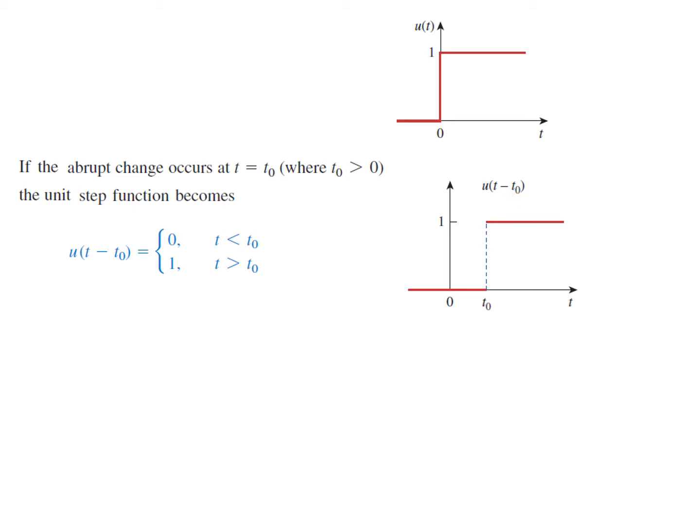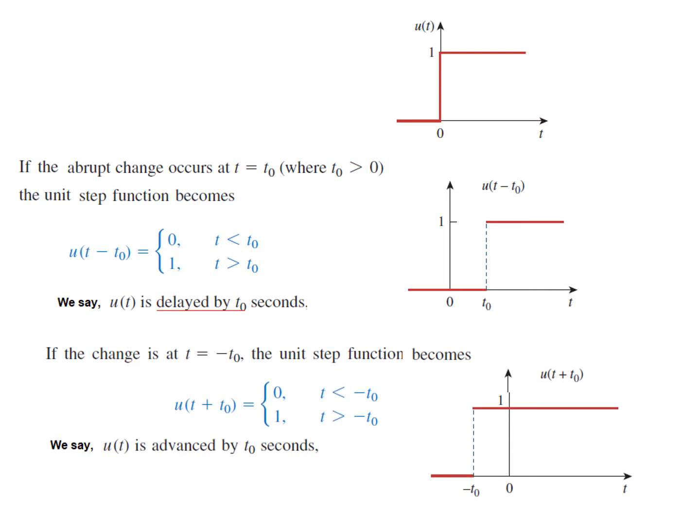In that case the function becomes u(t minus t0), and the values again remain 0 for t less than t0 and 1 for t greater than t0. This is also called the function has been delayed by t0, moved to the right side.